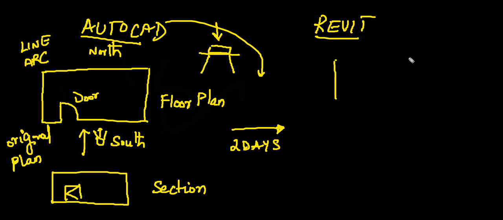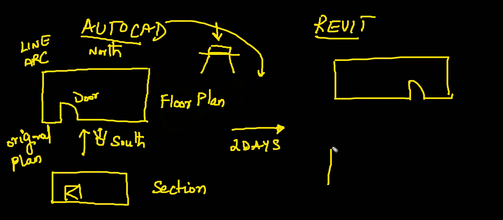I can't say anything, I'll just have to keep silent. So now I have to change every drawing. The section view will be like this. So every drawing I have to change.